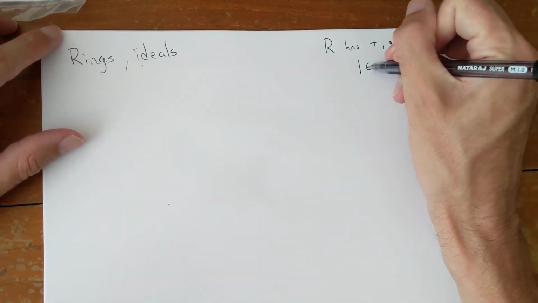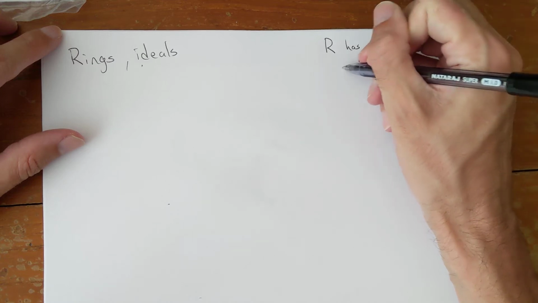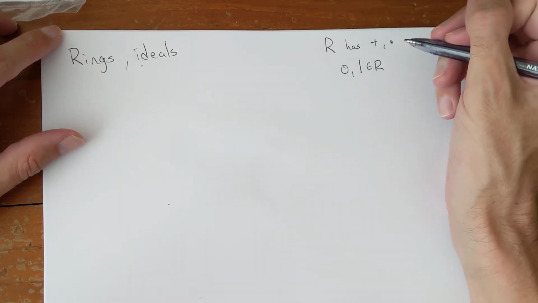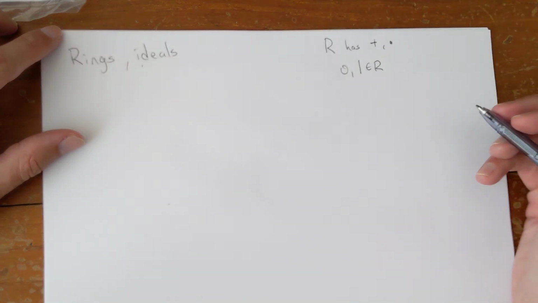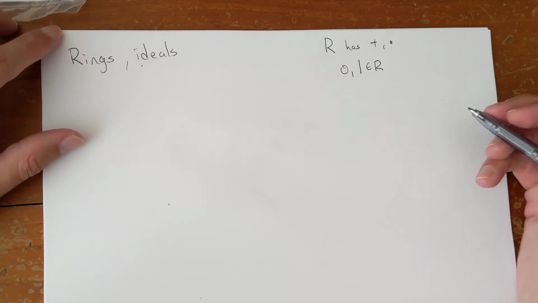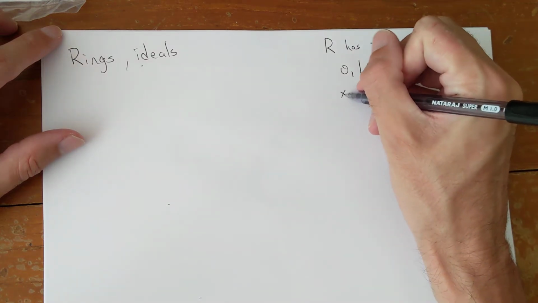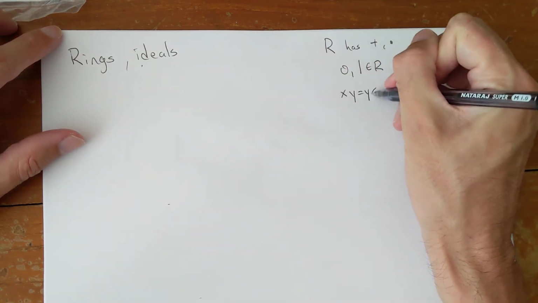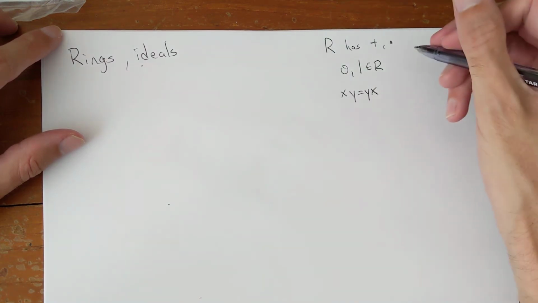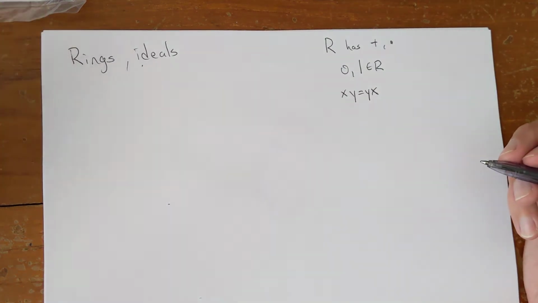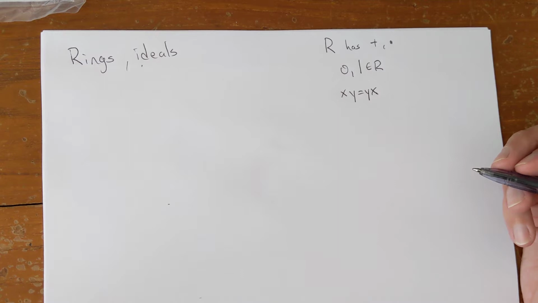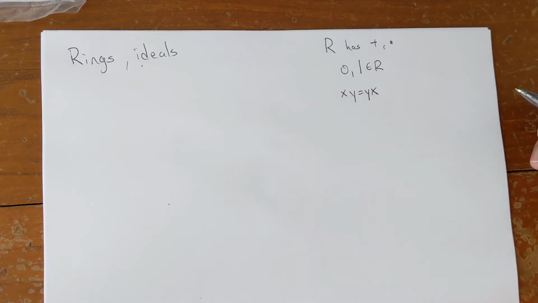It has a 1 and a 0, and for us it satisfies xy equals yx along with all the usual other properties of addition and multiplication, things like associativity of addition and multiplication.